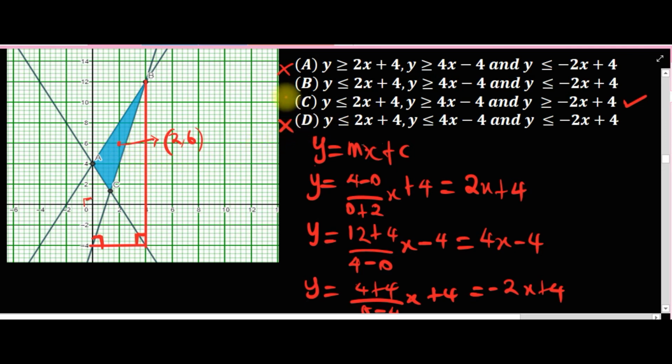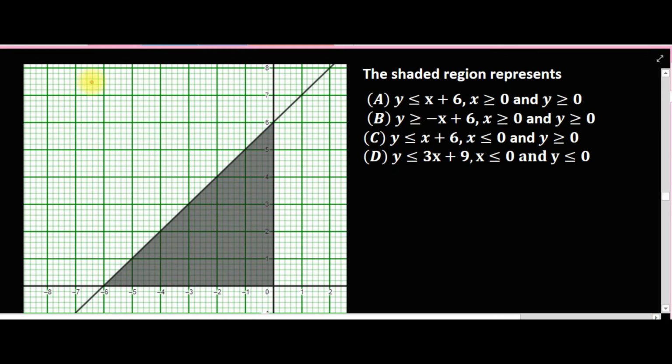So the next question. Again, the shaded region represents any of these. As you can see, they have different equations, so we would need to solve. But in case they have the same, no need of solving. You just pick a point from the shaded region.